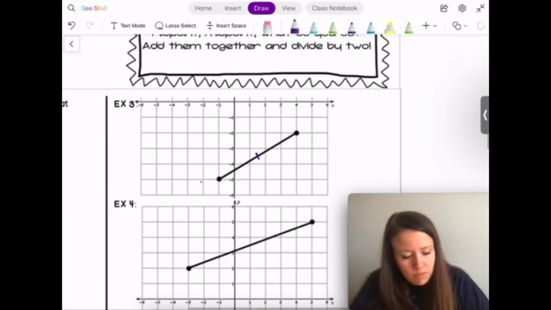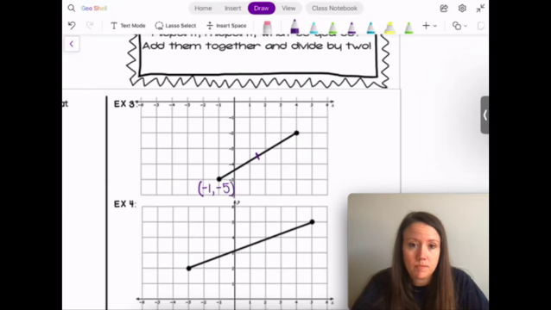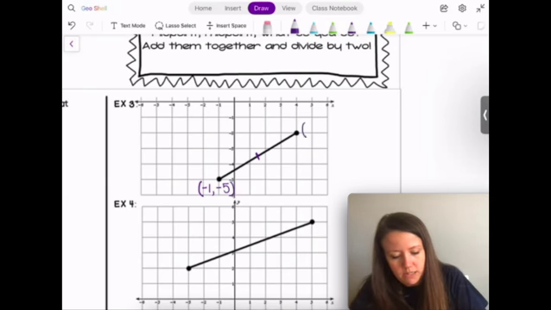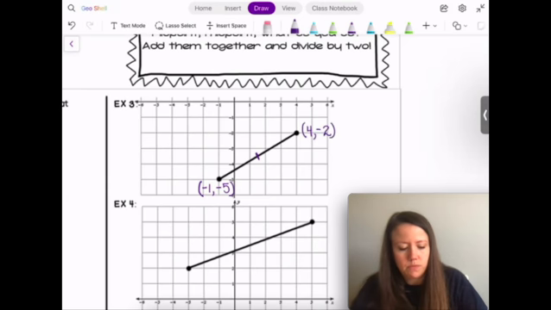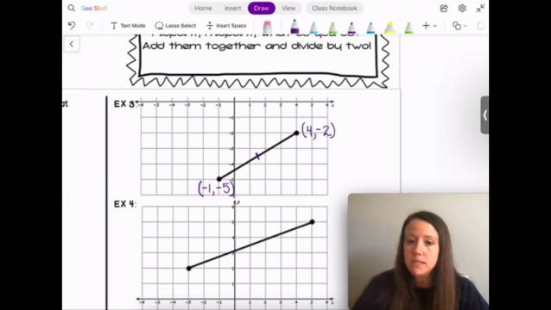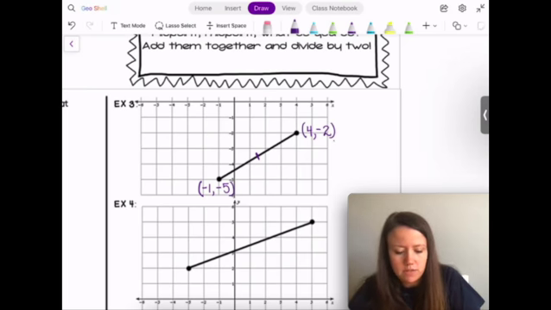So where is this point? This point is at (-1, -5). Where's this point? It is at (4, -2). Suddenly, this becomes a problem just like the other problem. So take your X values. I'll keep the colors consistent here. I'll highlight X in green.